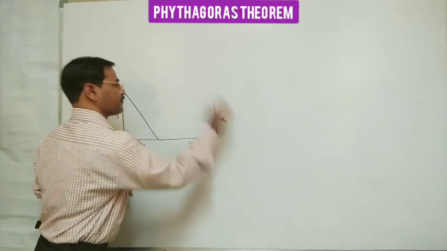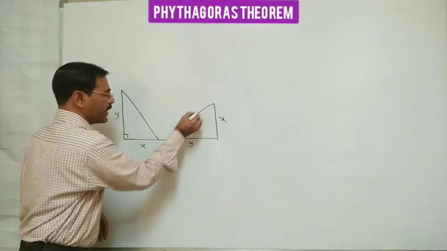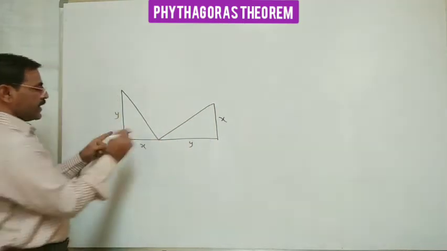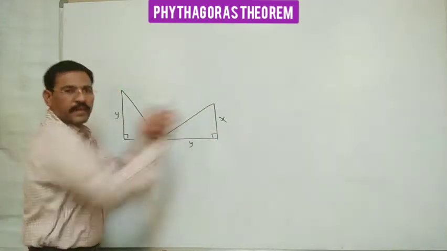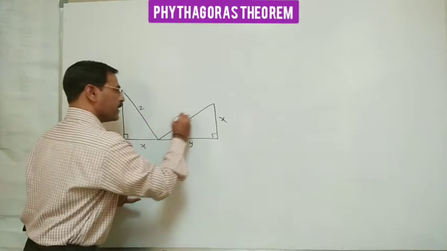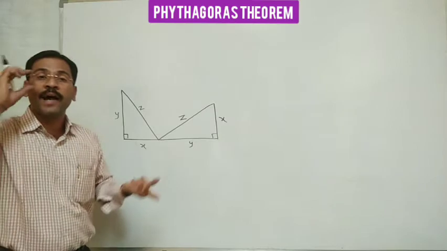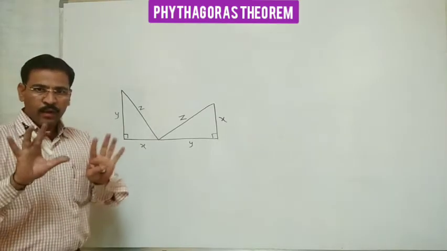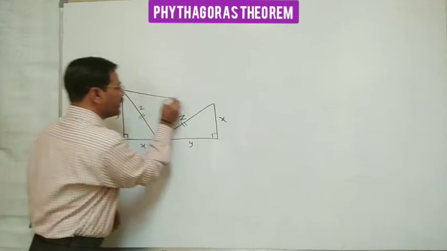Both are same, we can take them as congruent. Now I'll take this as z. Obviously here also z, because they are the same triangles, so obviously their hypotenuse is also same. So these two are same. Now I'll just join this one.